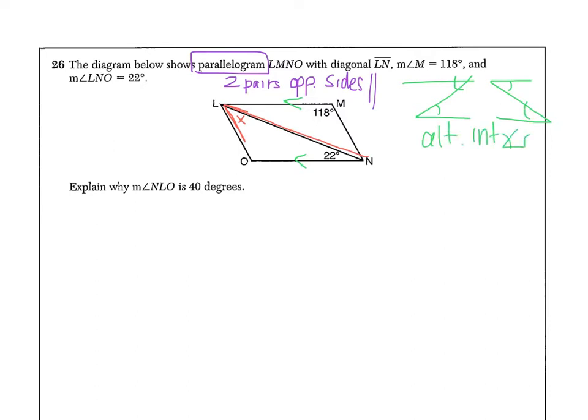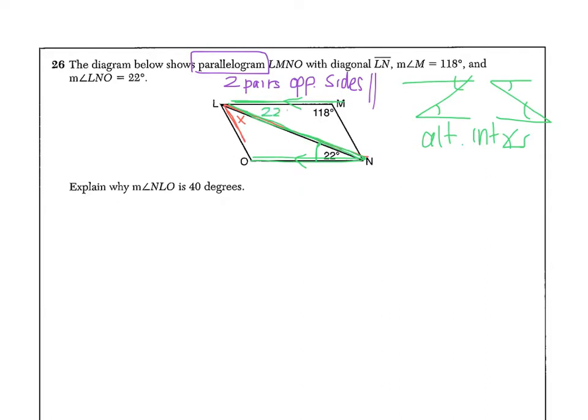So looking at this diagram using the two parallel sides that I just talked about, I find a backward Z. So if angle LNO is 22, then angle MLN should also be 22.